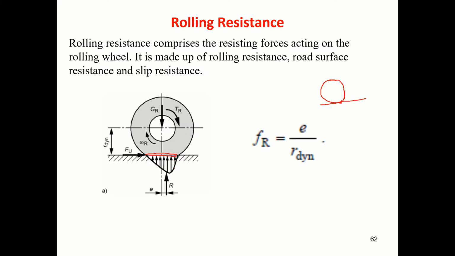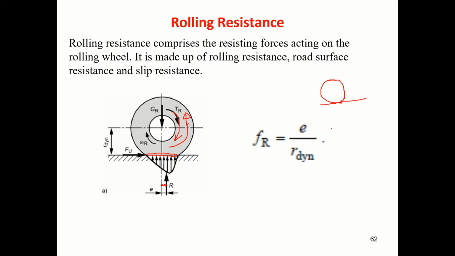So the resultant of this is not exactly acting at the axis line. It is acting somewhat towards the right. So there is an offset like this. This R into E will create a torque, a couple opposing the wheel torque. The net will be T_R minus this. That is how the rolling resistance comes into the picture.